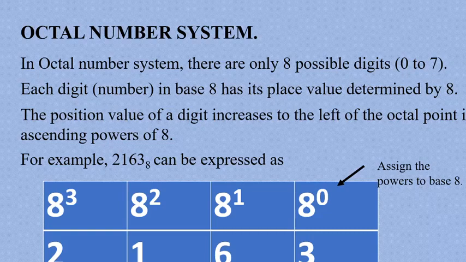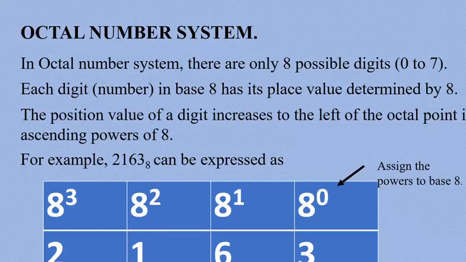The position value of a digit increases to the left of the octal point in ascending powers of 8. For example, 2163, that base 8 there, shows that it is octal. If I put 2, it means binary. If I put 10, it means decimal number system.